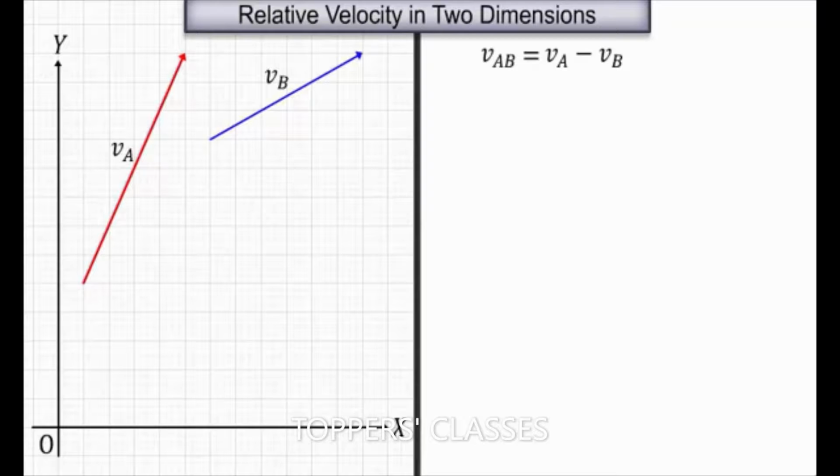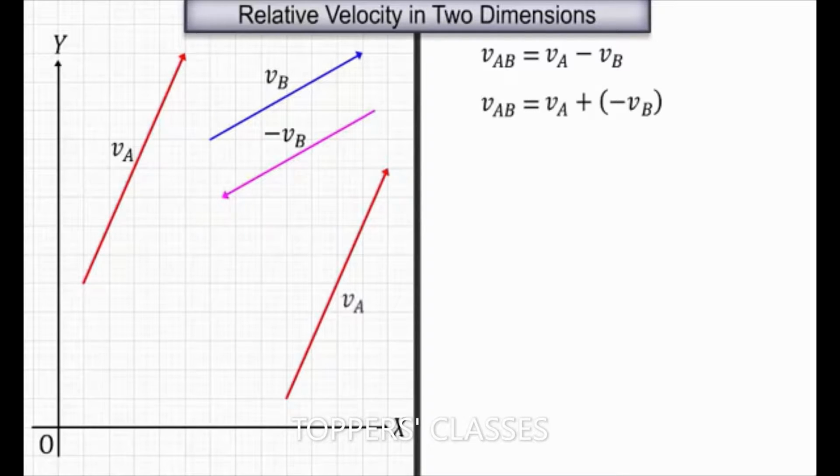Since subtraction of vectors is slightly confusing, we can write this equation as VAB is equal to VA plus minus of VB. Here, we first reverse the given VB and obtain minus VB, and then add VA and minus VB to obtain VAB.